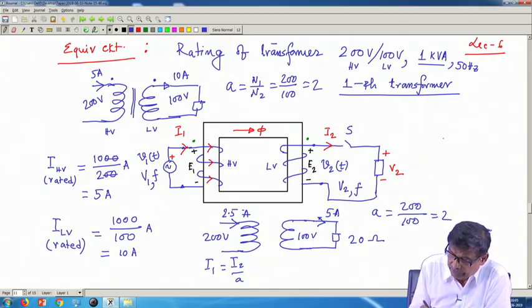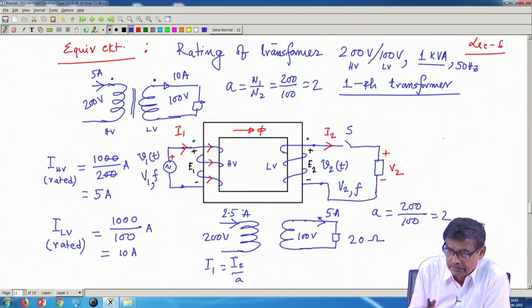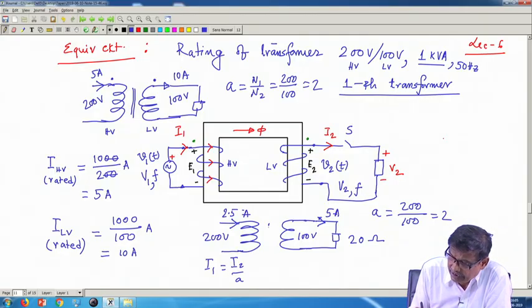I have used HV as my source side. I could also connect the source to the LV side, you try that. Henceforth I will draw this circuit instead of drawing all the time this and getting the result.